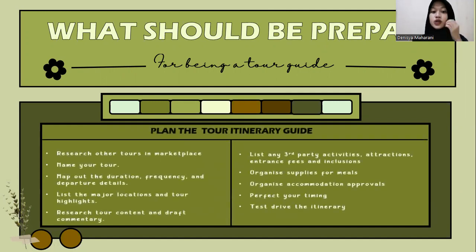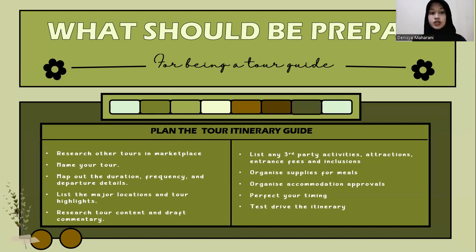You also should make a tour itinerary guide plan, and here are the steps that you can follow. The first is research other tours in the marketplace. Number two is name your tour. Number three is map out the duration, frequency, and departure details. Number four is list the major locations and tour highlights.